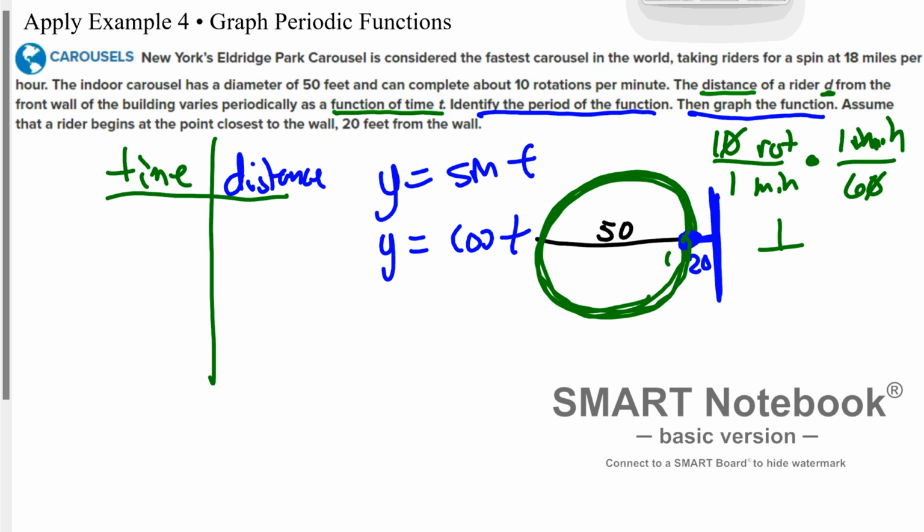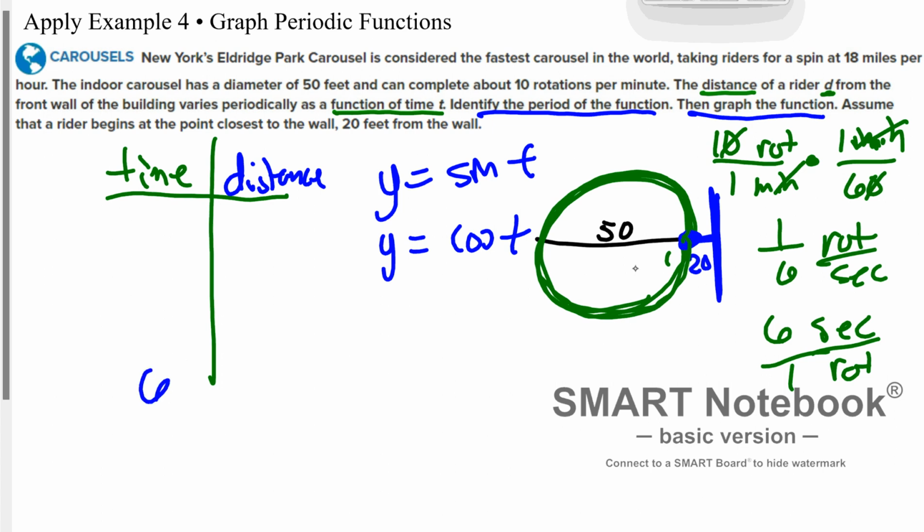So 1/6 rotations per second. Or you can flip that and say 6 seconds for 1 rotation. So every 6 seconds we complete 1 full rotation. In 6 seconds, our distance would be back at 20, and at 0 seconds when we start, it's a distance of 20.